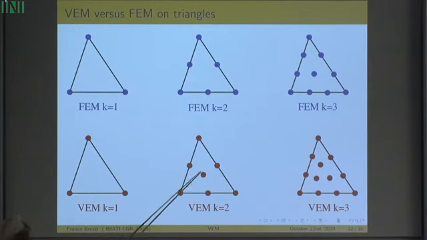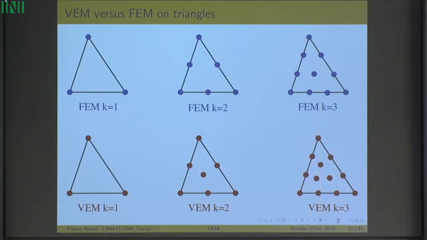So you have 1 degree of freedom more with virtual elements than with finite elements. And if you go to degree 3, then here you have 3 guys, and here you have 1. So, okay, you pay more for basically the same stuff.